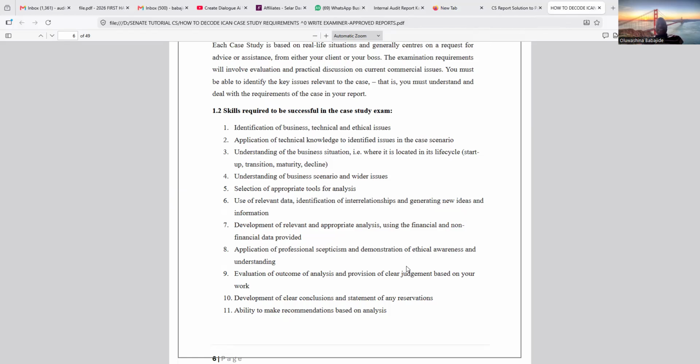Then use the financial and non-financial data provided. So you are not only analyzing financial data, you are also analyzing non-financial data provided in that report, so that you'll be able to develop relevant information and write a good, relevant report.